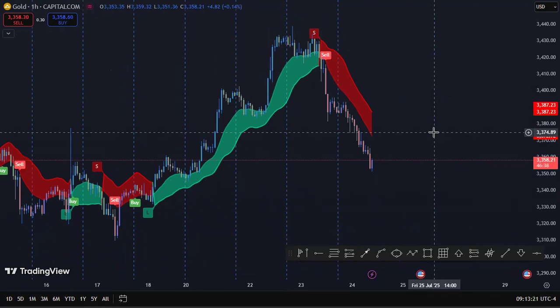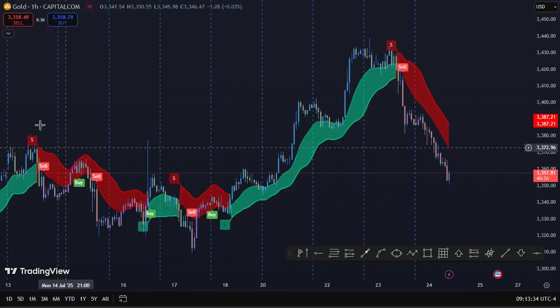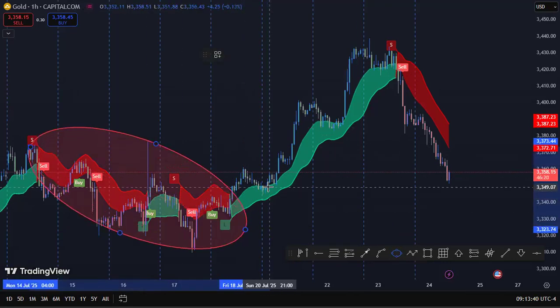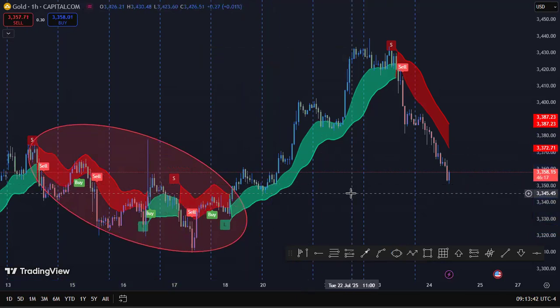As we all know, the famous saying is that the trend is your friend. So with this system, it becomes easier for you to actually trade with the trend when the market is trending. For instance, let's just look at this phase right here. We weren't really trending, we weren't having much trend.